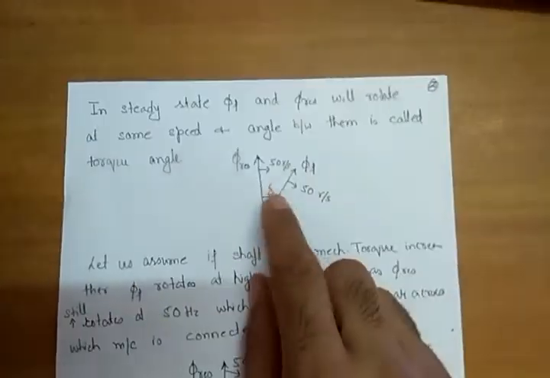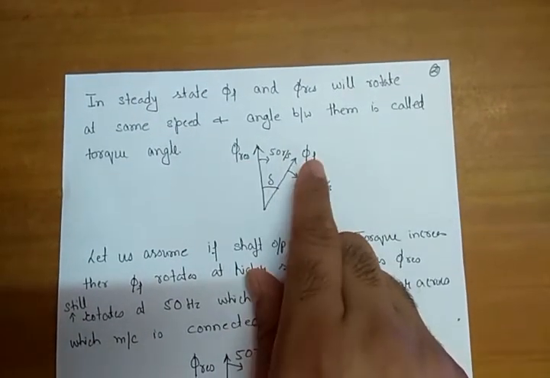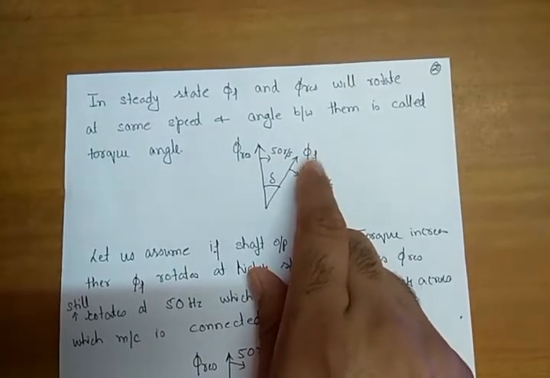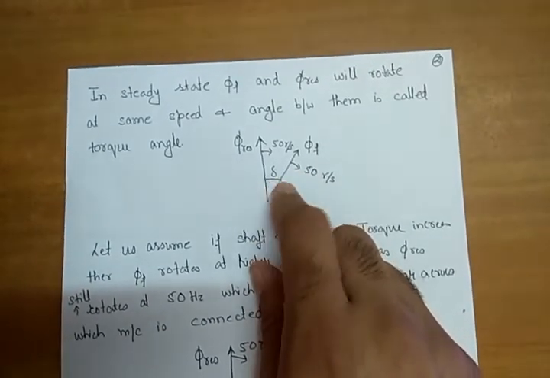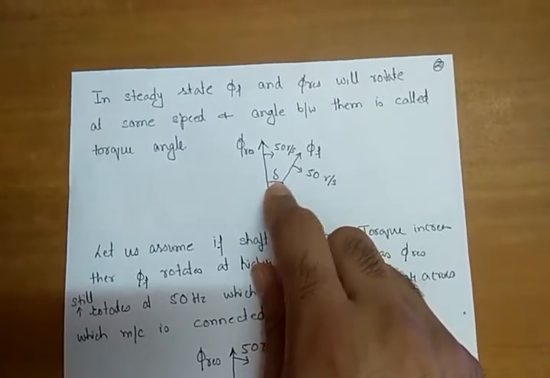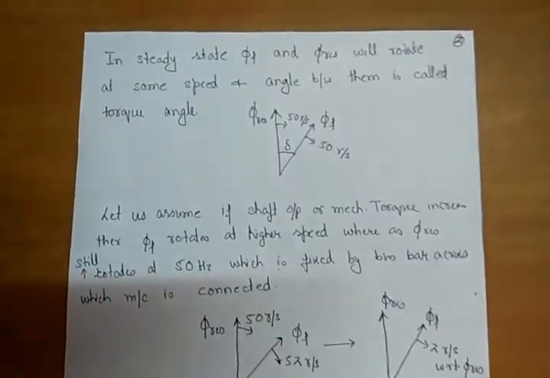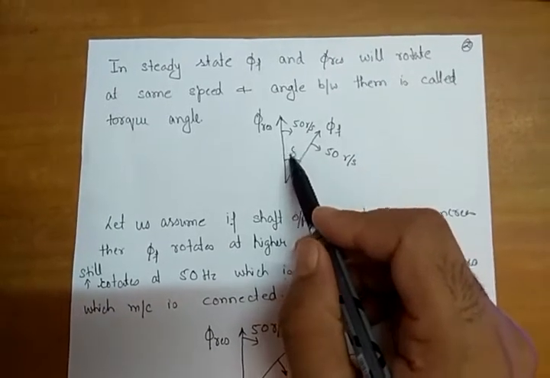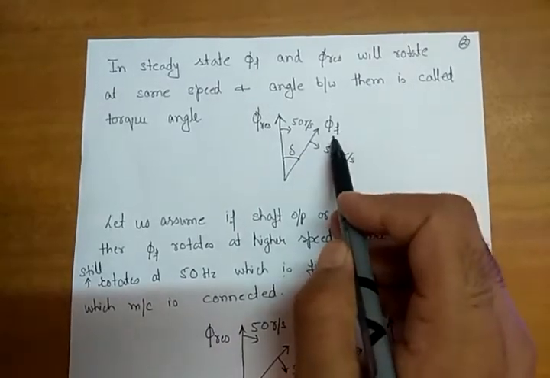As long as the resultant magnetic flux and the field flux both rotate at the same speed, we say delta is constant. As long as delta is constant, we say the system is in steady state and the system is stable. Here delta is called the torque angle, which is nothing but the angle between phi resultant and phi f.